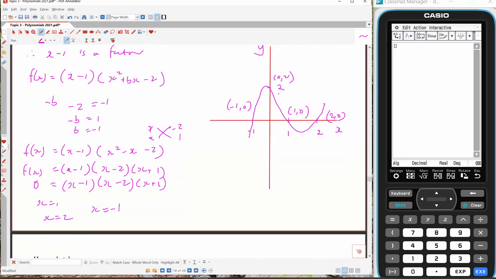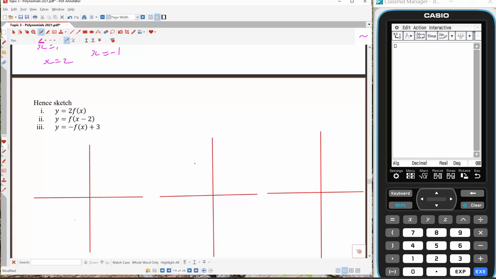So it'll look pretty much the same, except the y-intercept is going to go to 0, 4. And what it will do is just stretch out a bit from the x-axis. So I'm just going to change it to a 4, -1, 1, and 2. Same sort of look and feel, except it goes like that. Okay, so -1, 0, 1, 0, 2, 0, x-axis, y-axis, 0, 4.